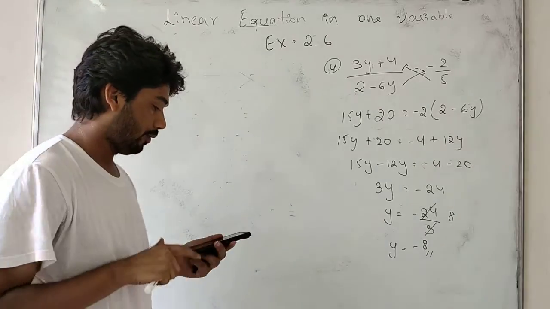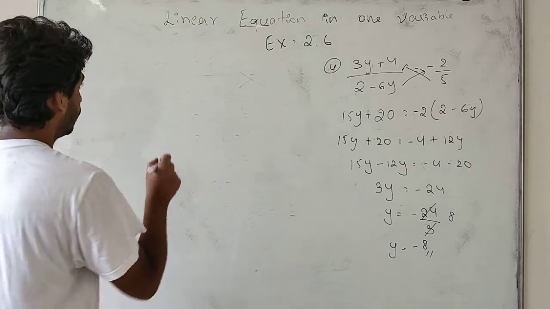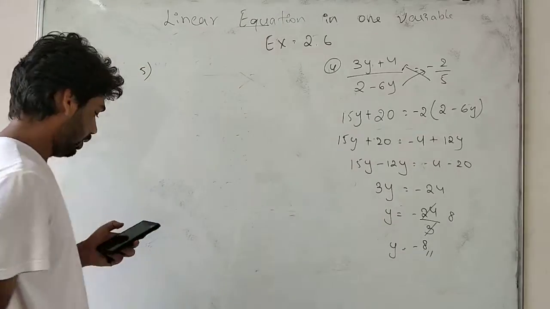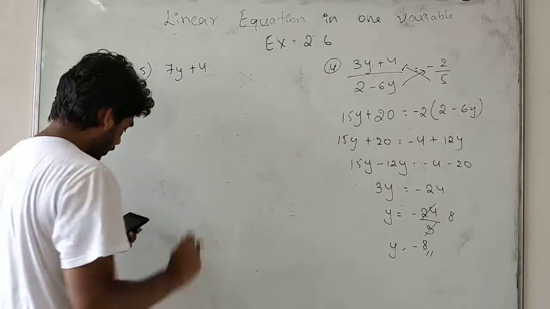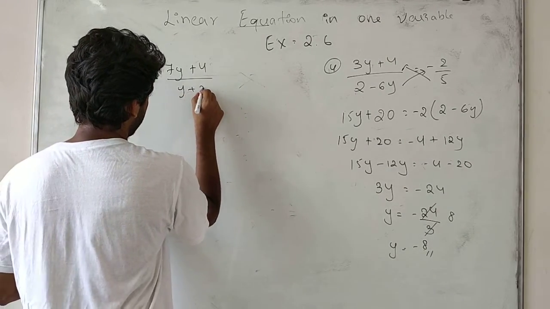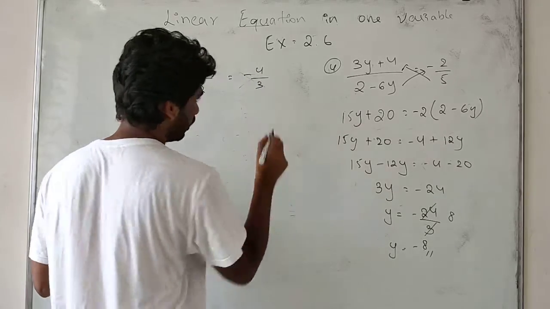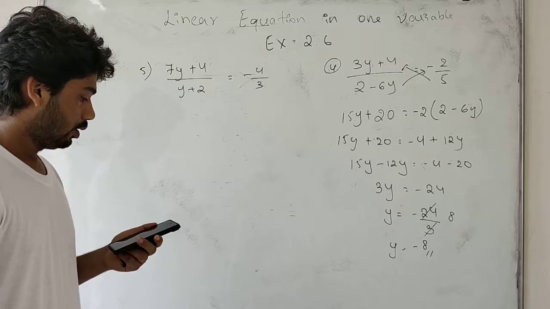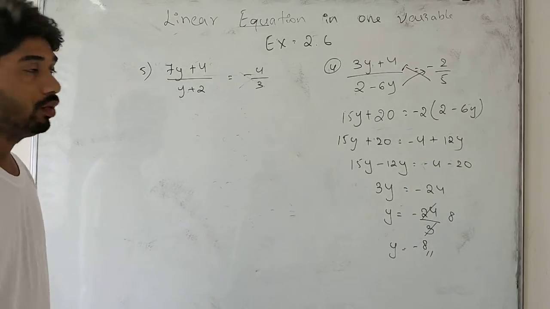So students, next problem, fifth one: 7y plus 4 divided by y plus 2 is equal to minus 4 by 3. Here first we have to cross multiply.